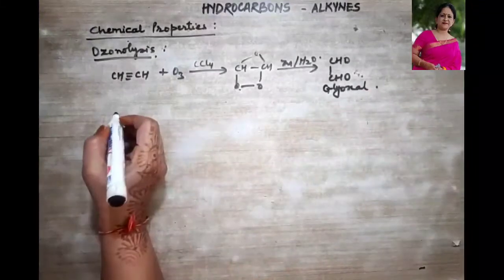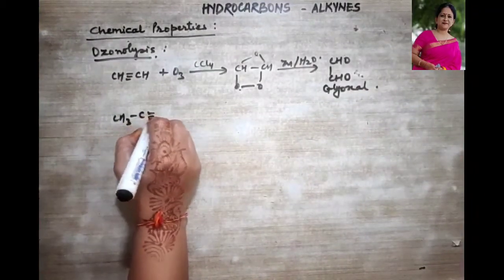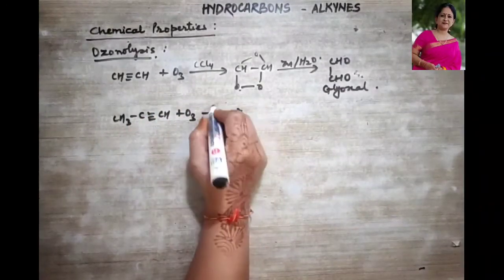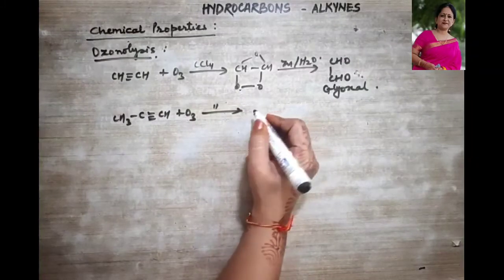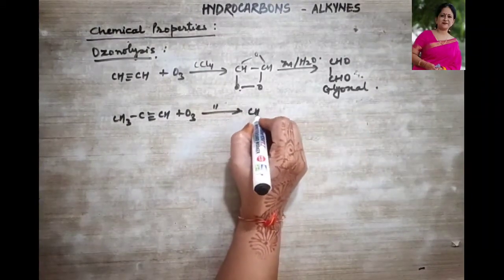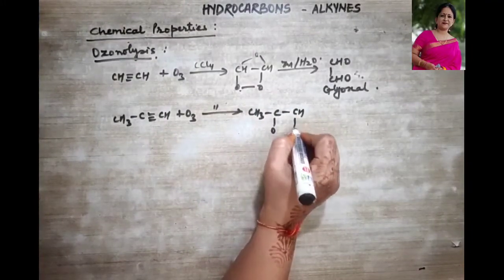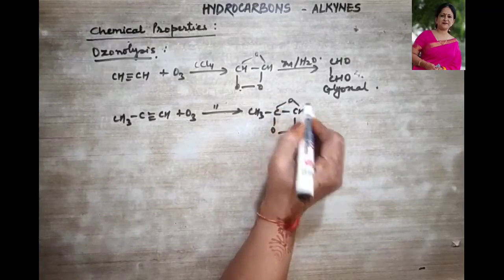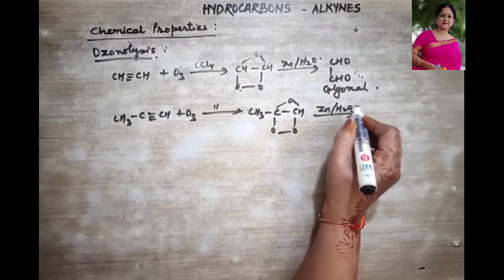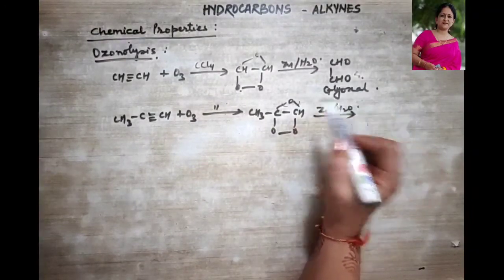Glyoxal is formed. Similarly, we see with CH3 C triple bond CH treated with ozone in the presence of carbon tetrachloride. Here, what is it going to form? Let's check. It forms the ozonoid. When treated with zinc and water, zinc oxide is removed.